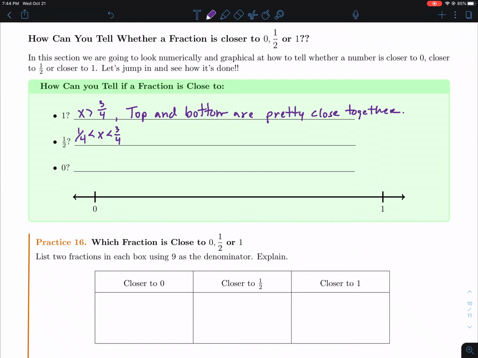So it's between 1/4 and 3/4. And so again, by looking at the numbers, what we're looking at is that the top number is about half or near half of the bottom number. So I'm going to use close to.